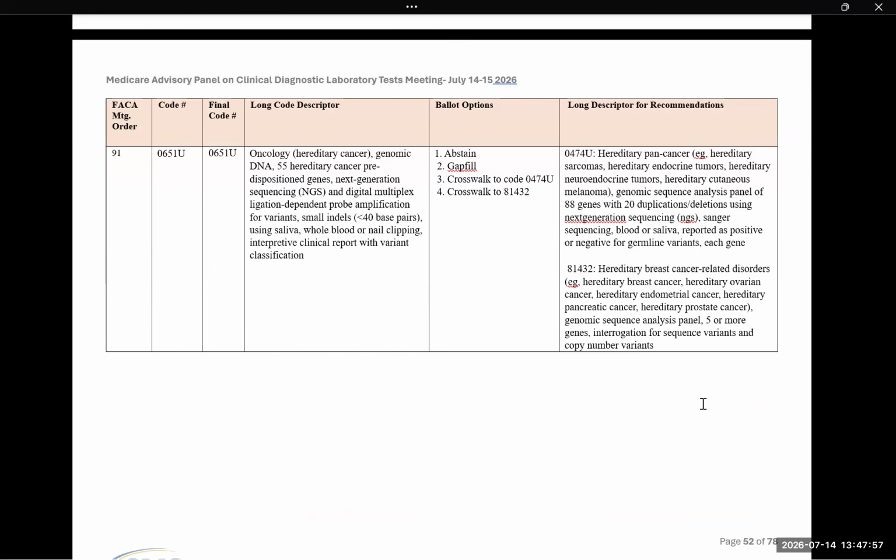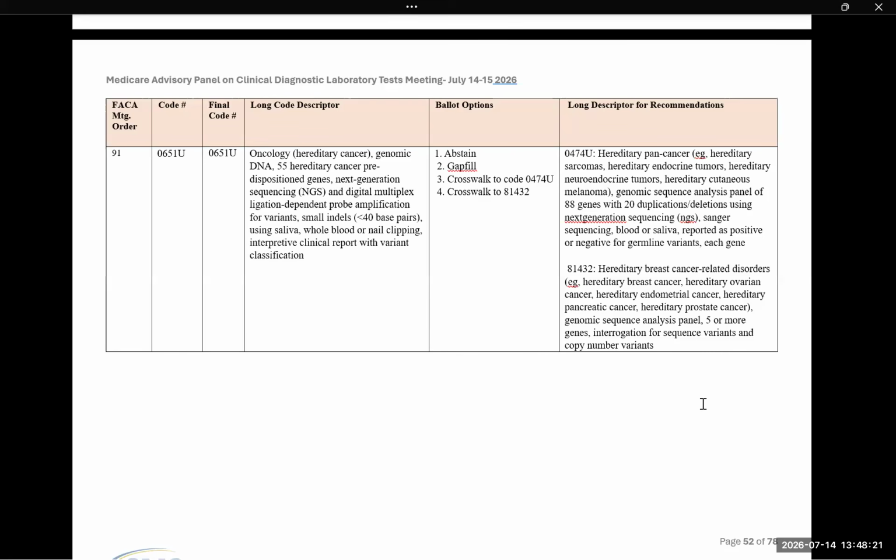Yes, this is Heather again. This is my code assigned to the molecular genetics subcommittee. This is an oncology genomic DNA test looking at hereditary cancer predisposition genes using next generation sequencing and MLPA to identify variants of clinical significance.